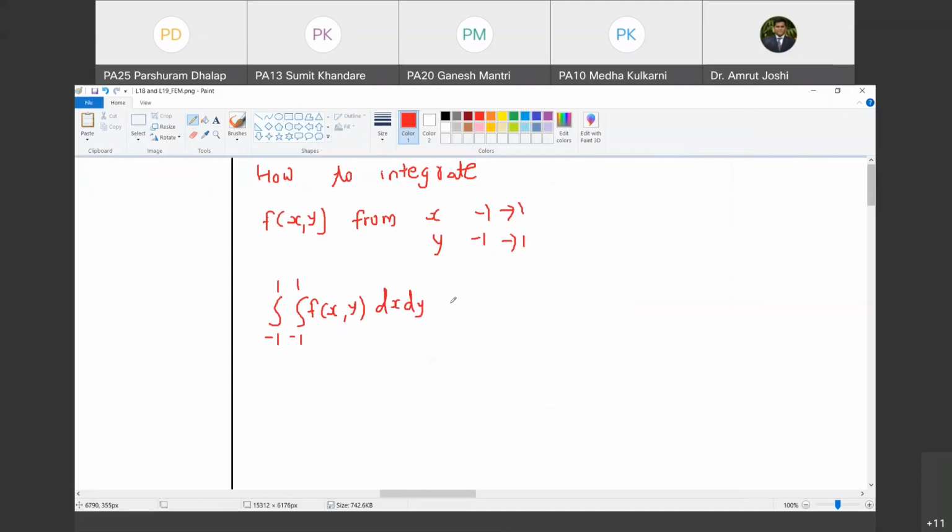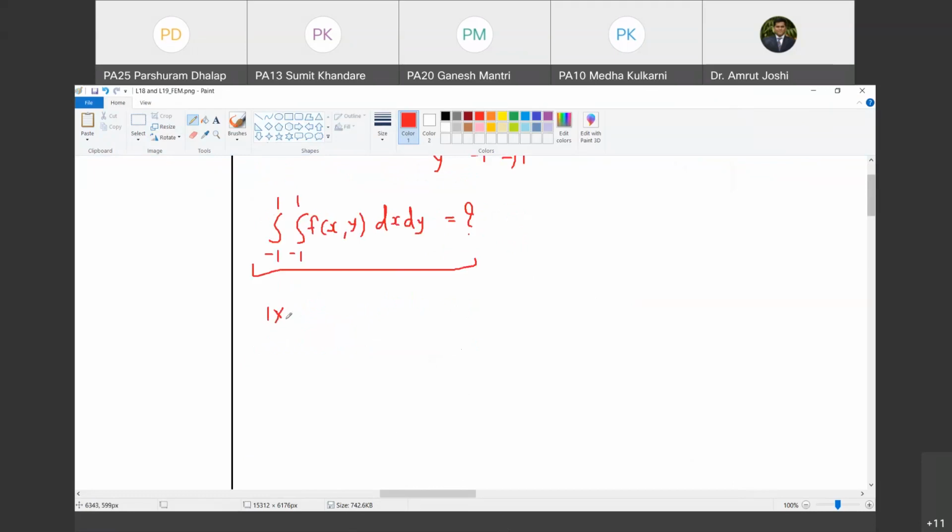How do we perform this task is the question. So we will start with something called 1 cross 1 point Gauss quadrature. Are you with me?